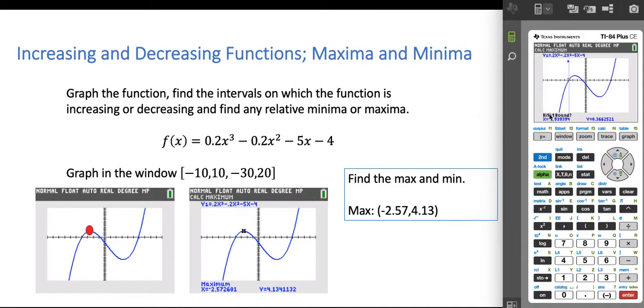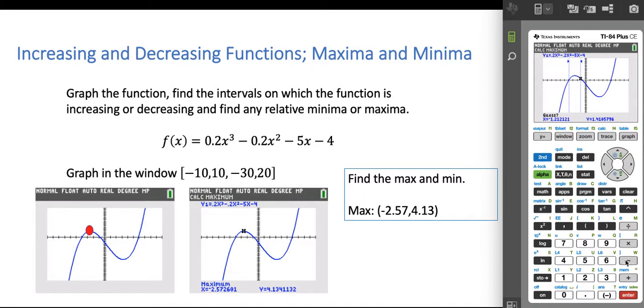Now it's telling me right bound? So now I need to get to the right of that point. I'll get to the right of the point, clearly to the right, not on top of it. Don't worry if your numbers don't match mine right here. That doesn't matter. Just make sure that your cursor is clearly to the right of that.